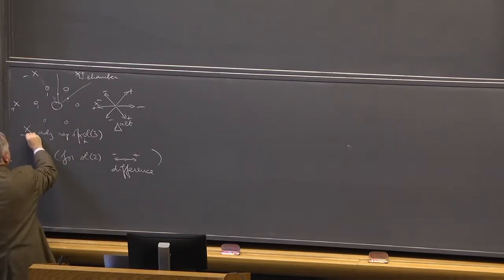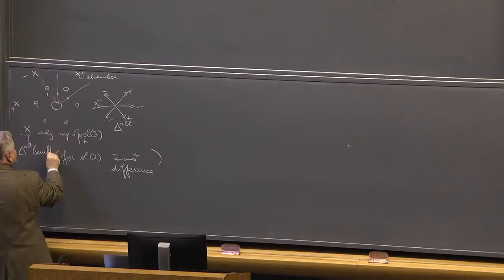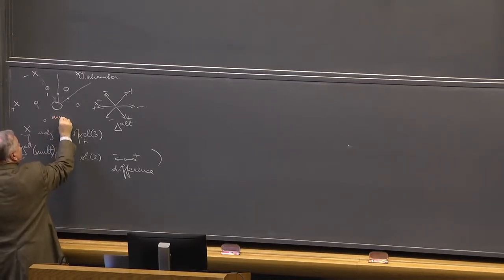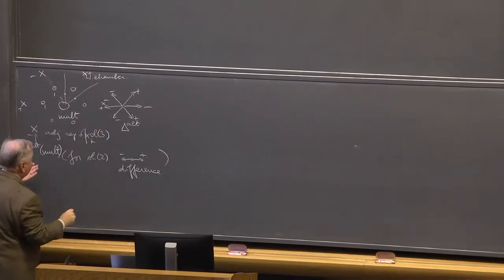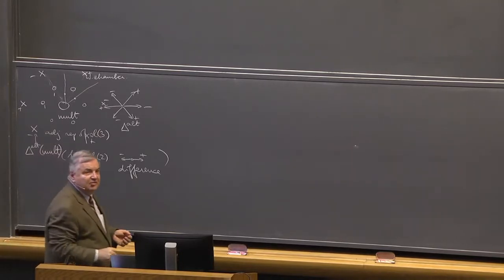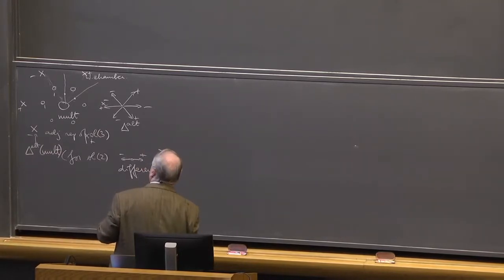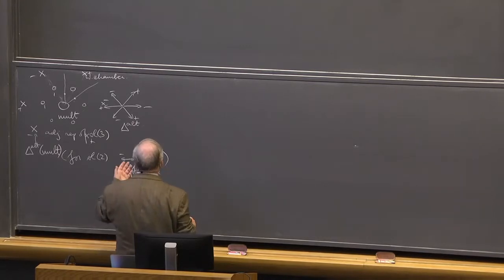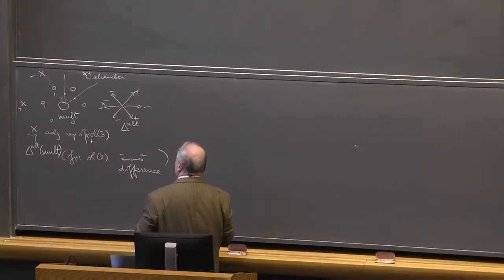So this was here delta alternating of the multiplicities. So these were the multiplicities. And this was delta alternating of the multiplicities. This is a Weyl multiplicity formula.